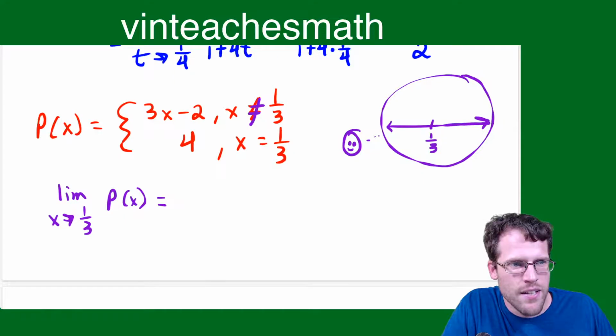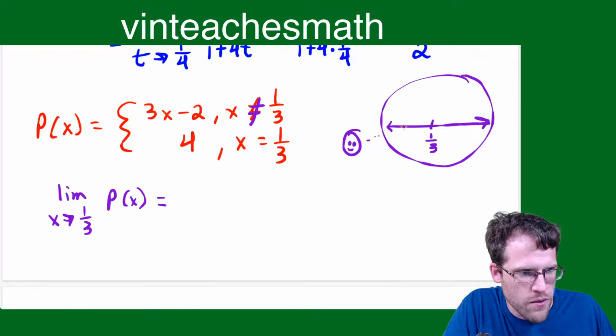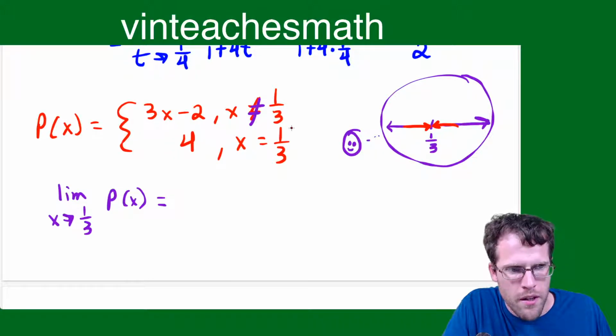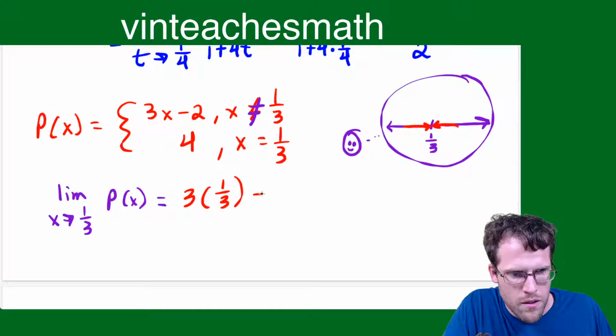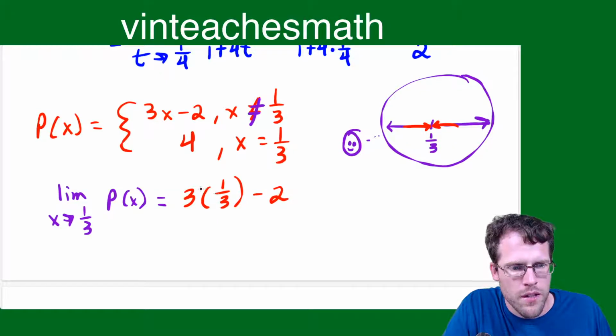When x is not equal to 1/3, those are the values we could use that get us close to 1/3. So when we evaluate the actual limit, we plug into the part where x is not 1/3. So we have 3 times 1/3, minus 2. This cancels, and 1 minus 2 is -1.